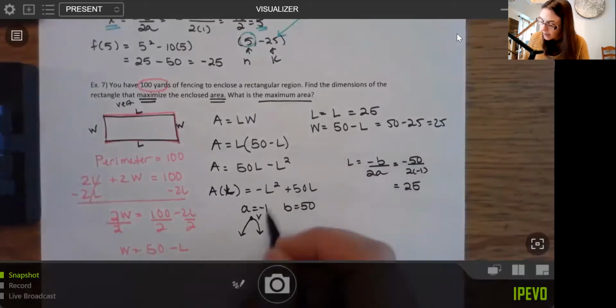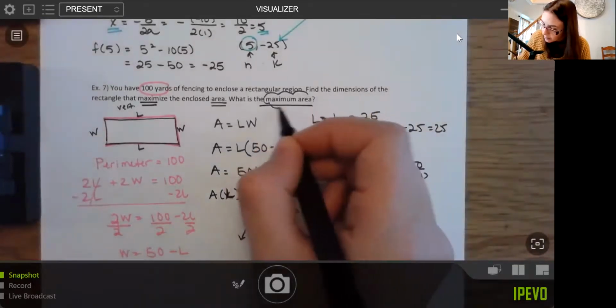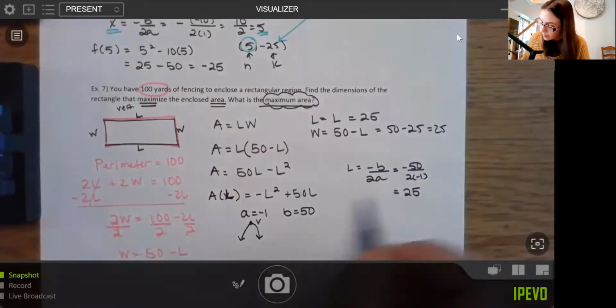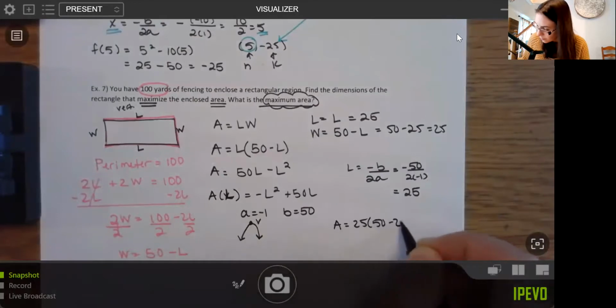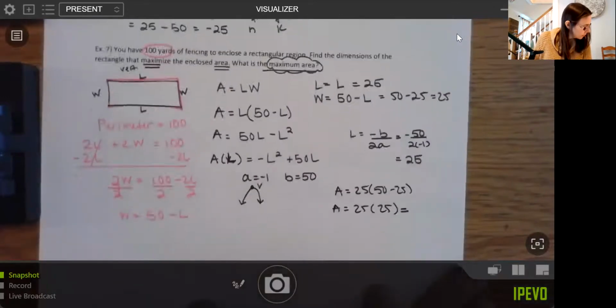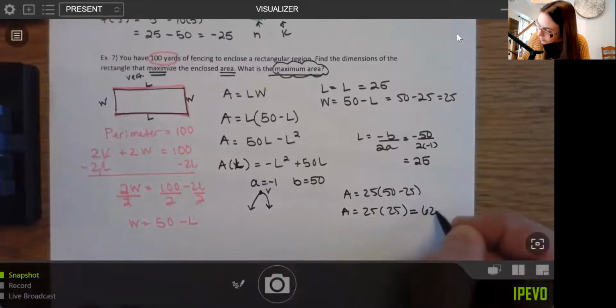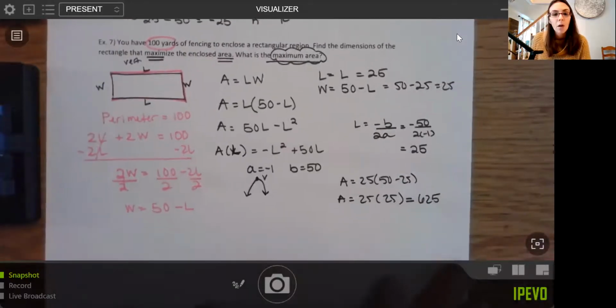And we also want to find the maximum area. So if I find the maximum area, I'm going to plug my 25 back in. And let's see, I have 625. So what do we have here?